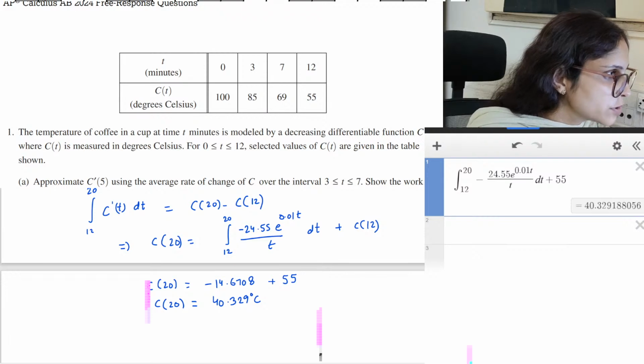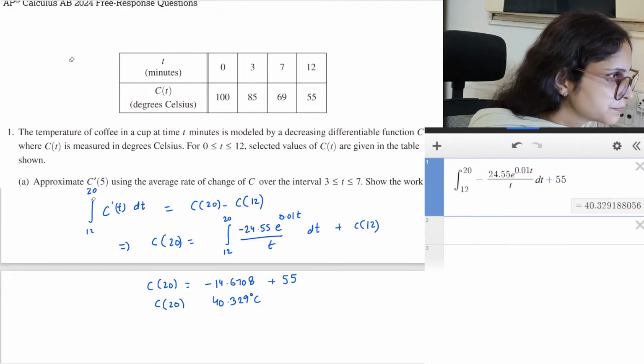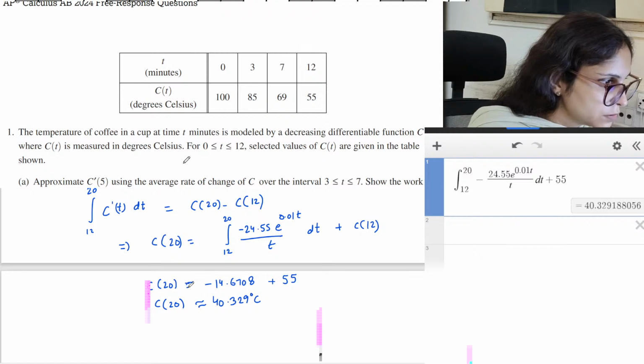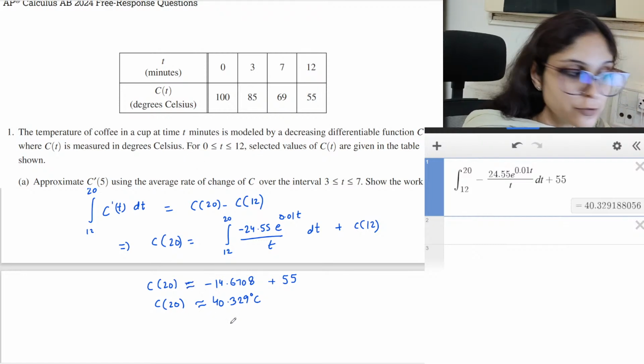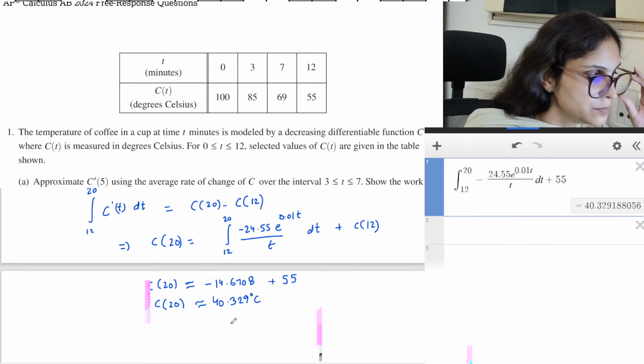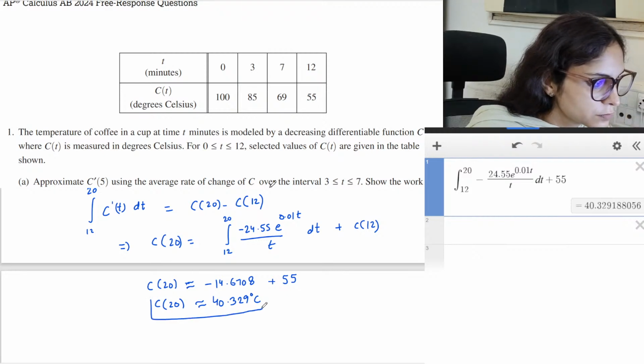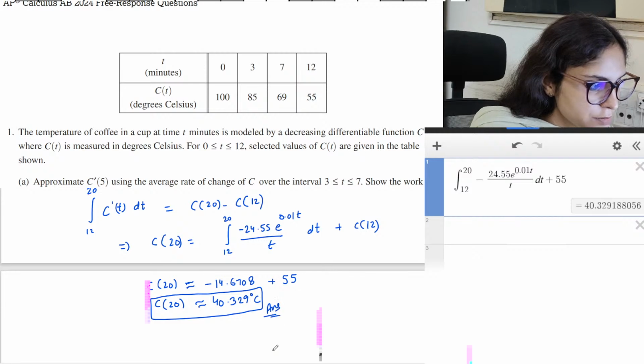And always write the approximate sign, because this integration is also approximate. You can also call it 40.33 degrees Celsius as well. But so far, this is my answer.